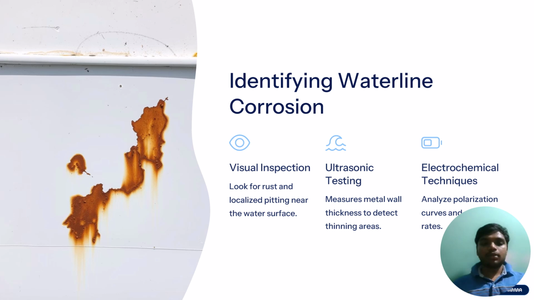Keeping plumbing systems clean and free of blockage is essential. Regular flushing of the system and removing sediment can reduce the risk of corrosion. Additionally, using protective coatings on pipes can provide an extra layer of defense.